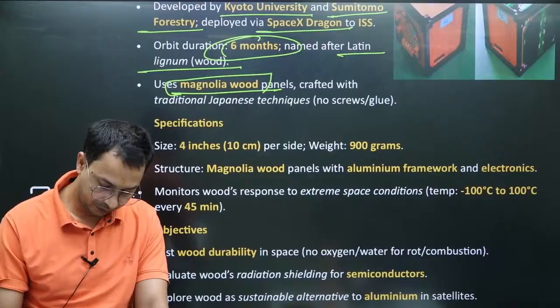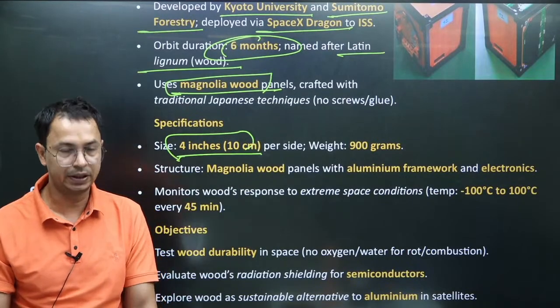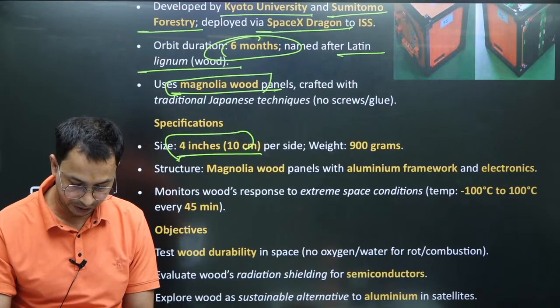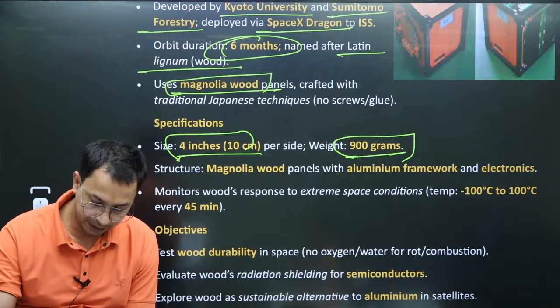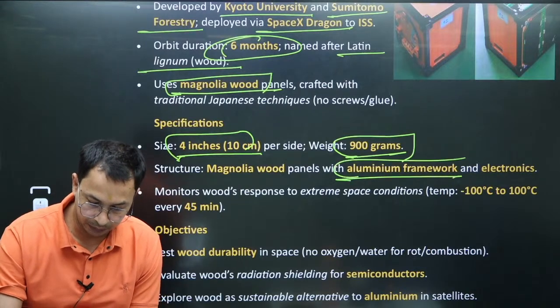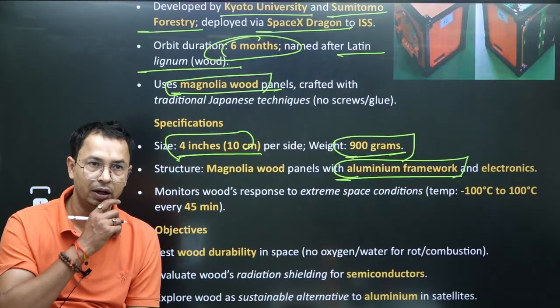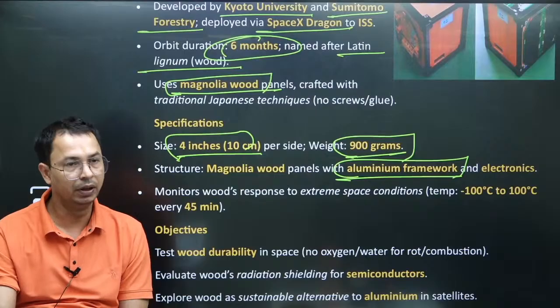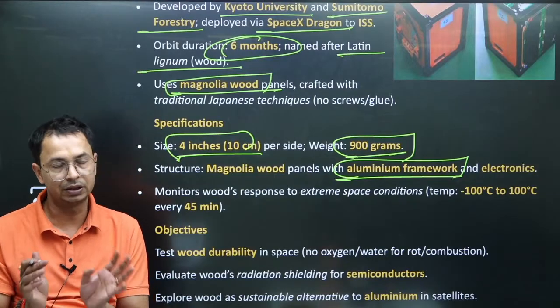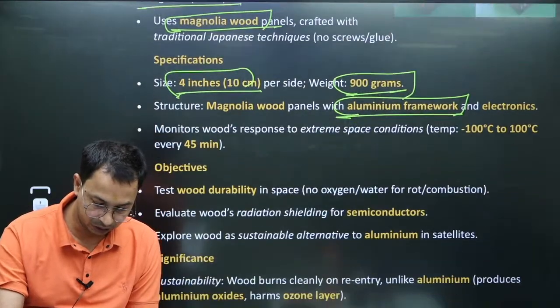The size is 4 inches or 10 centimeter per side, and its weight is approximately 900 grams. And look here, they are also using aluminum. It is not completely made up of wood. They are also using aluminum framework and some electronics. So yes, this is the first wooden satellite, but it is not completely wooden.